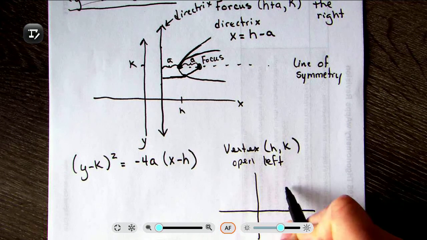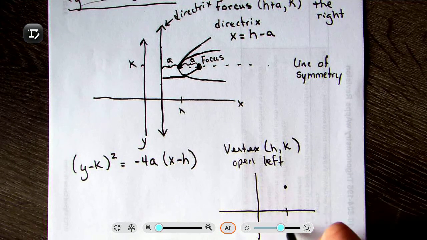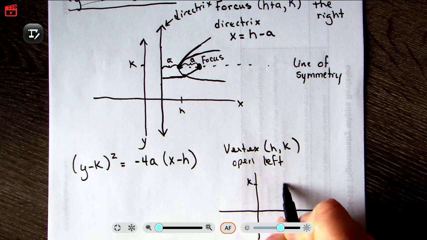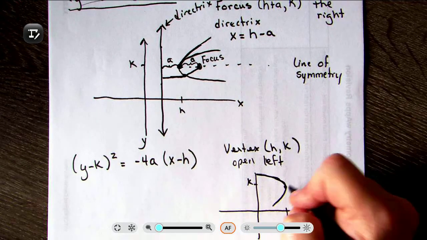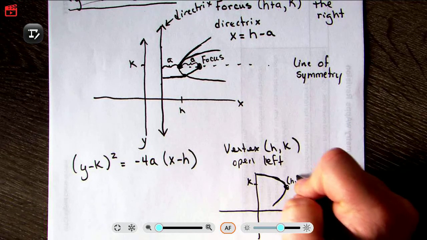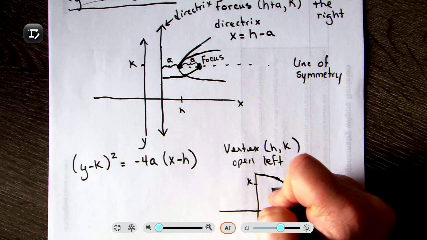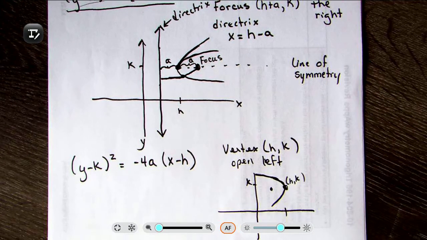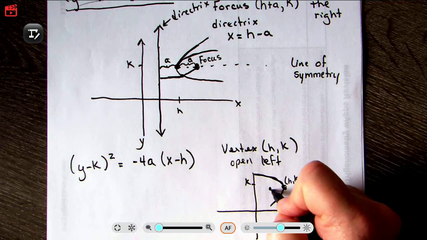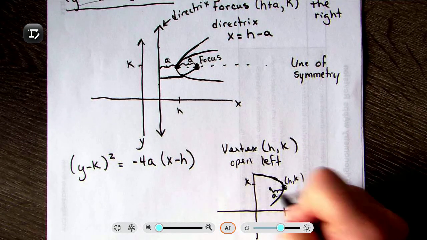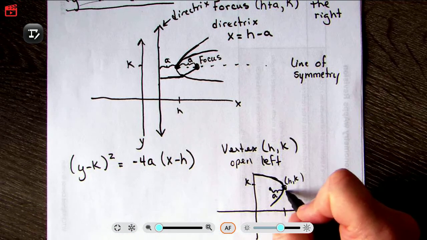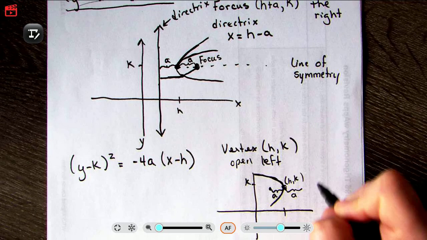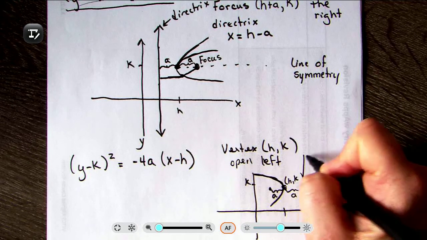So I'll draw a picture here. I'll keep my (h, k), there's my h and my k. So it's going to look something like that, roughly speaking. So here's my point (h, k). This one, that focus is on the inside. And that focus is always a units, so it's at 4 times whatever here gives me that focus. The directrix is always a units here, so this will be my directrix.